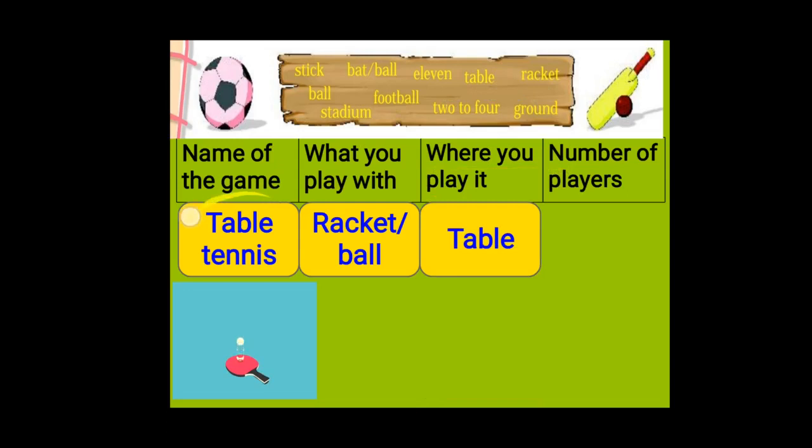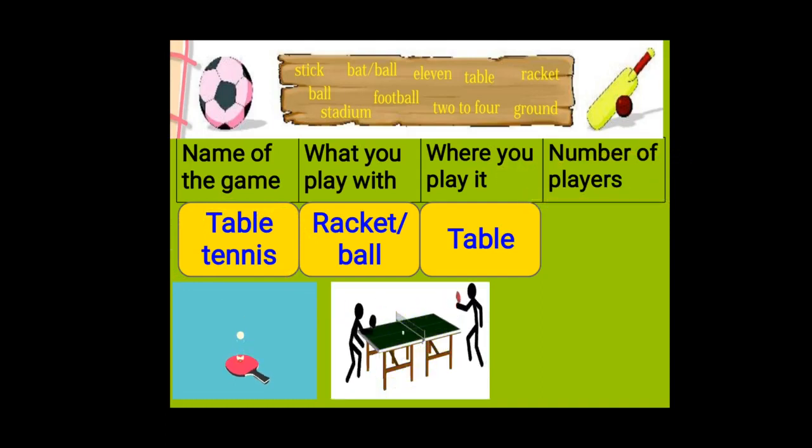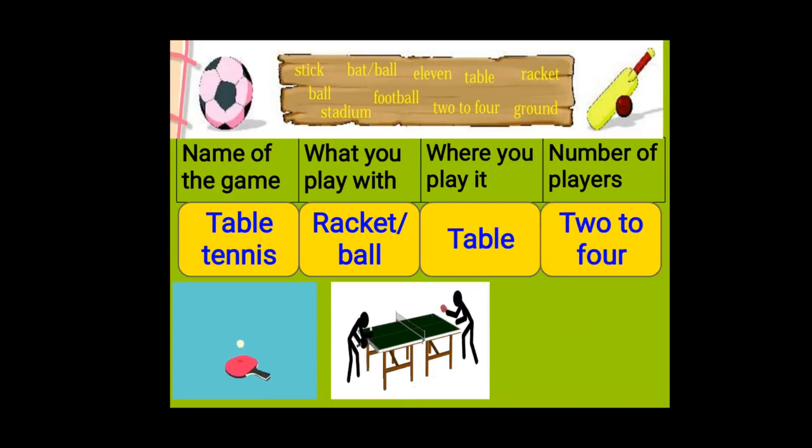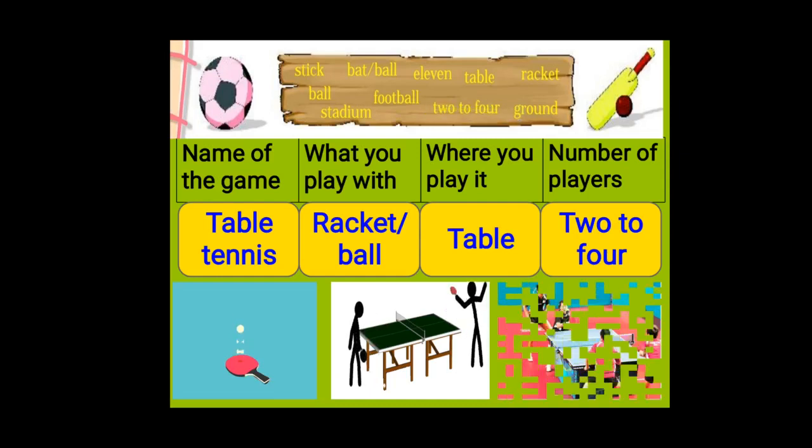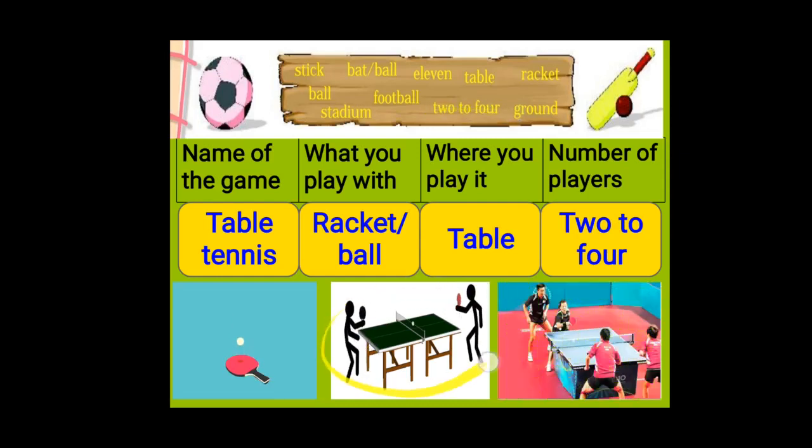As the name suggests, it is table tennis. So you play it on a table. Number of players. How many players are there in table tennis? Can you tell? In this picture you can see 2 players and it can be played between 4 players also. So number of players is 2 to 4. 2 players can also play and 4 players can also play this game.